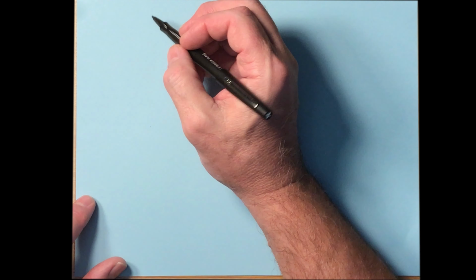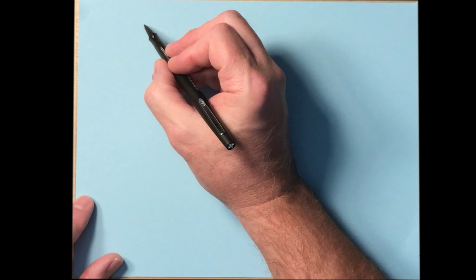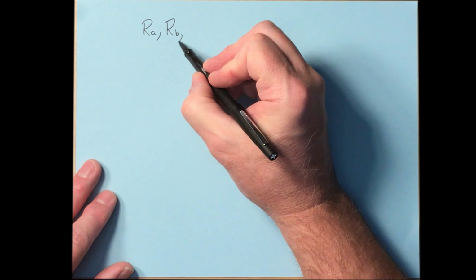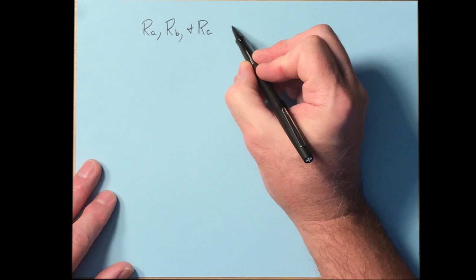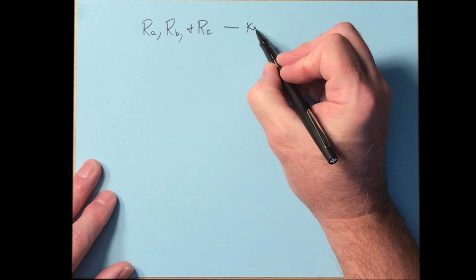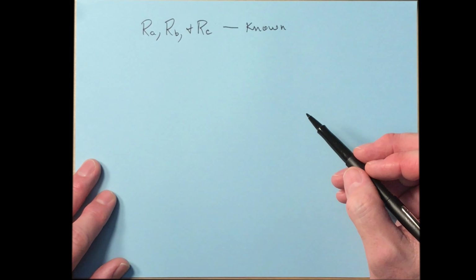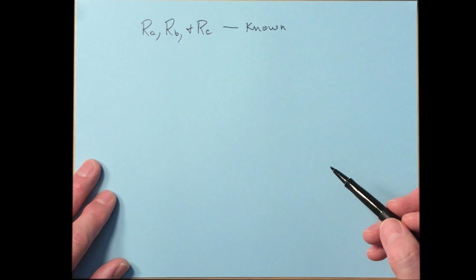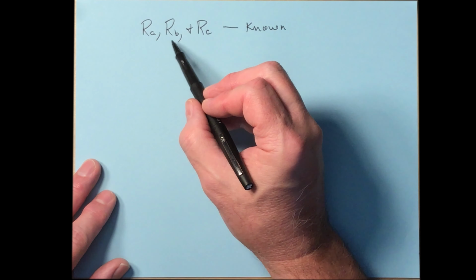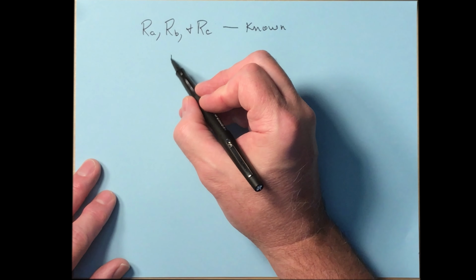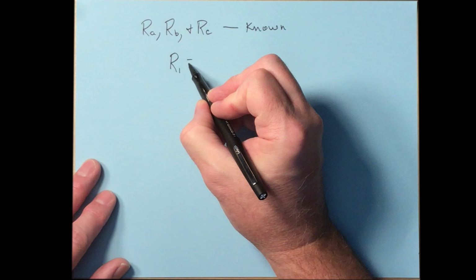So let's say that R sub A, R sub B, and R sub C are known values. Their values are known, and we want to transform to the Y network. So this would be part of the delta. We're transforming to a Y then. So R1 is there.